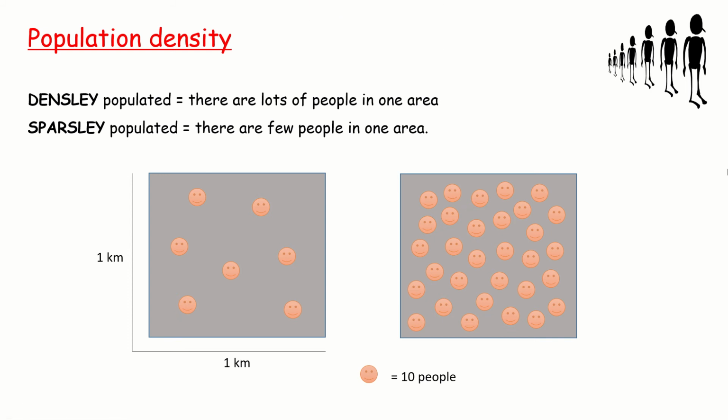On the right you can see the people are crammed in together, whereas on the left they're quite spacious. If you live in a cul-de-sac, you might think the population is relatively dense, because there are houses to the left, right and opposite you. Whereas if you lived in a rural area, in the countryside, you might have neighbours, but they might be 200 or 300 metres away, rather than close together. That's what this is really getting at.